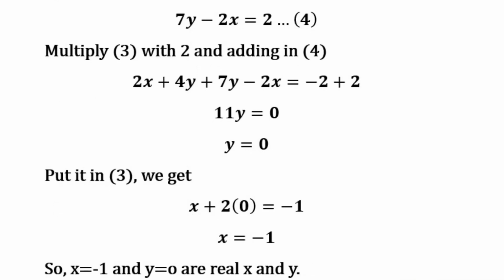Now, by multiplying equation 3 with 2 and adding to equation 4, we will get 11y equal to 0, y equal to 0. Put in equation 3, we will get x equal to minus 1. So x equal to minus 1 and y equal to 0 are the real x and y values.